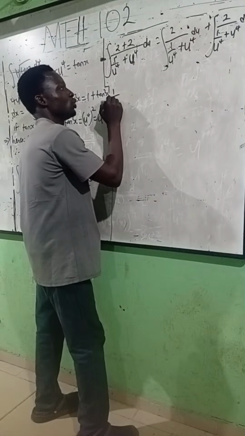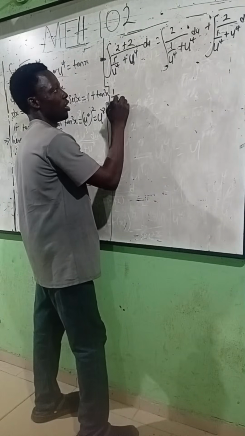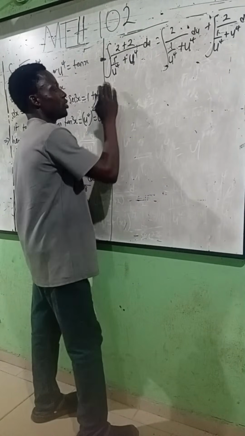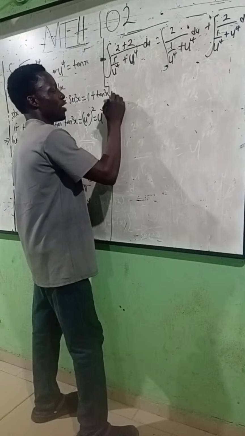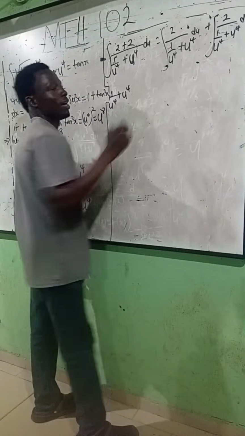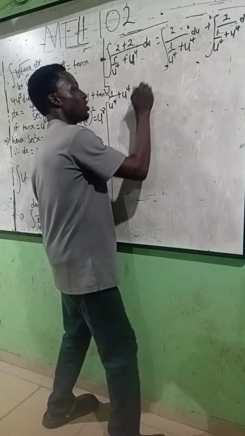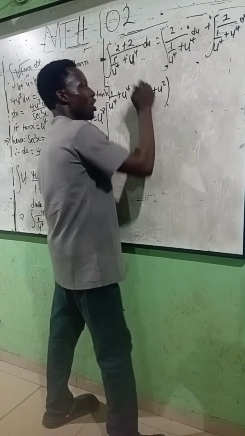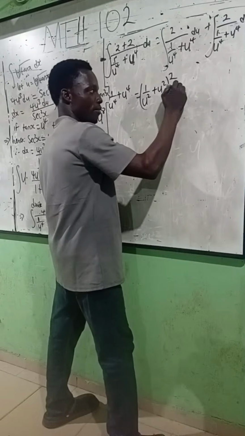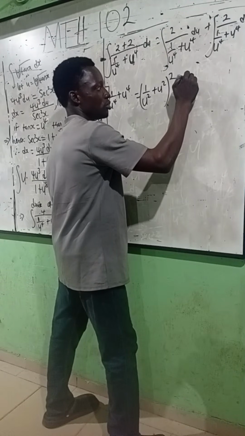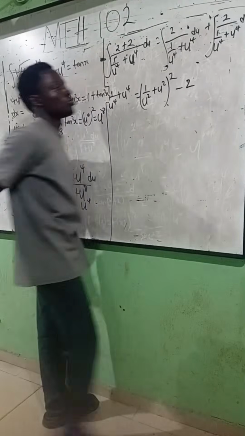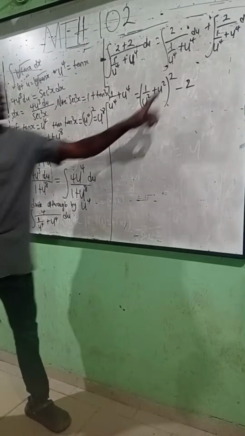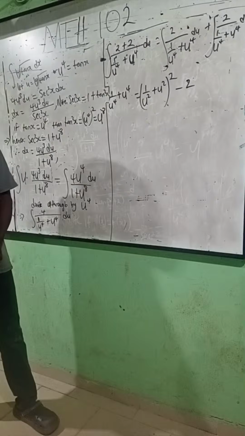It can be written as 1 over u square plus u square all square minus 2. Expand this guy, subtract it from it, we get this.